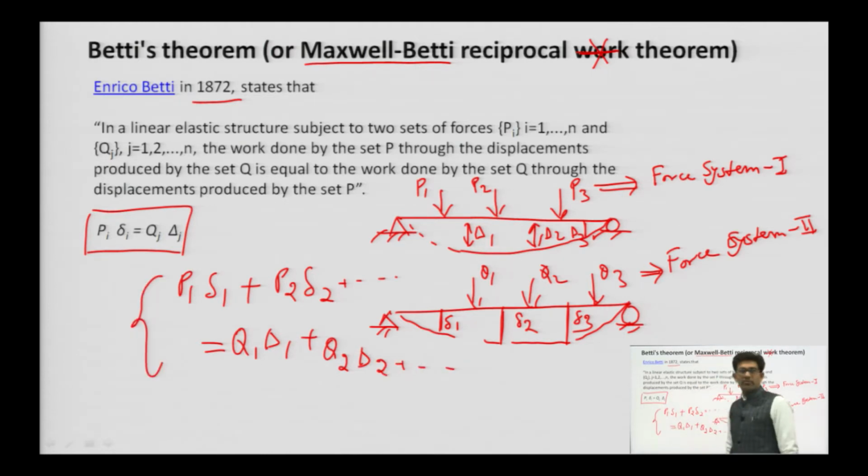This is the generalized theorem. So, let me define delta 1 and this small del 1. Del 1 is the displacement.